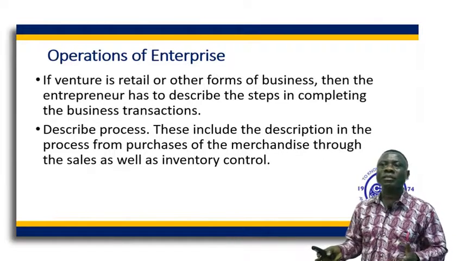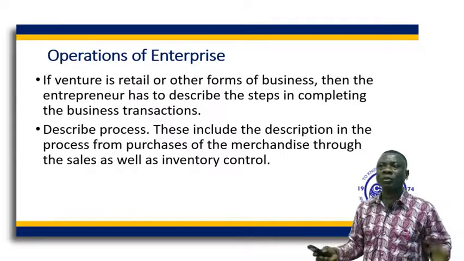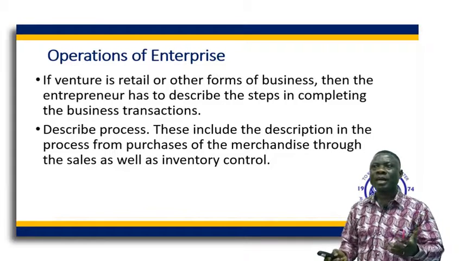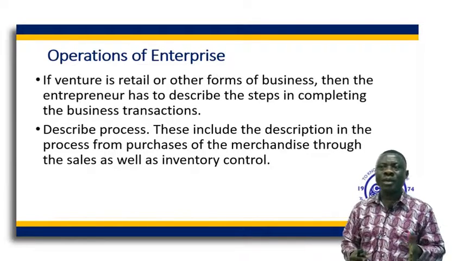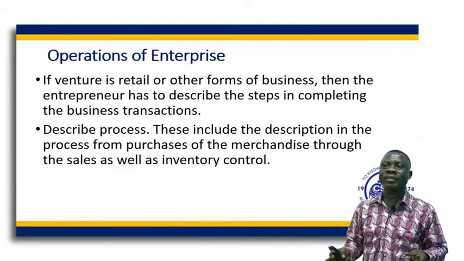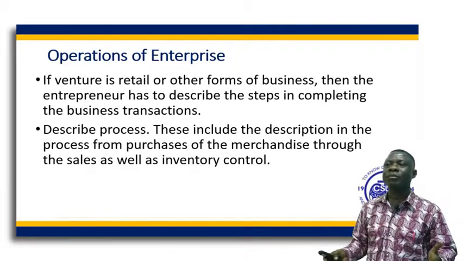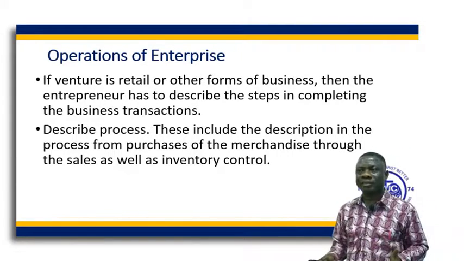The warehousing system demands that as you receive the goods, the goods that come in first, you arrange them in such a way that the goods that come in first will be sold first and the goods that come in last will be sold last.